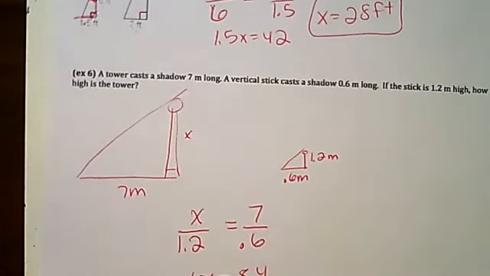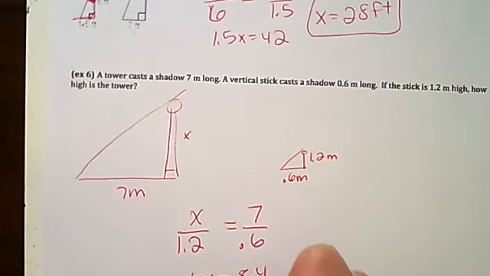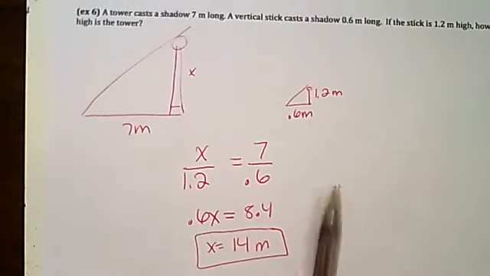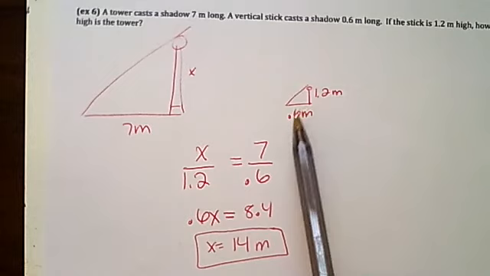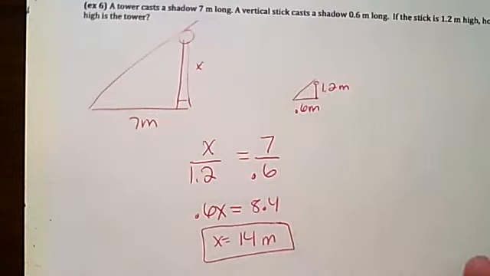And then 8.4 divided by 0.6 is 14. So that means the height of the tower is 14 meters, which actually we could have noticed. I didn't notice this till just now. 1.2 is double 0.6. So that's going to be double 7. So you could have done this with scale factor as well.